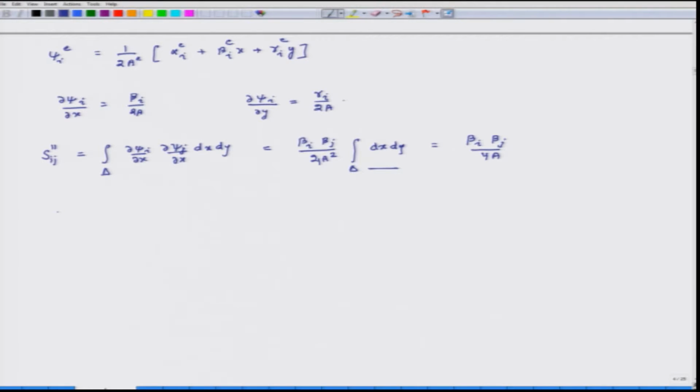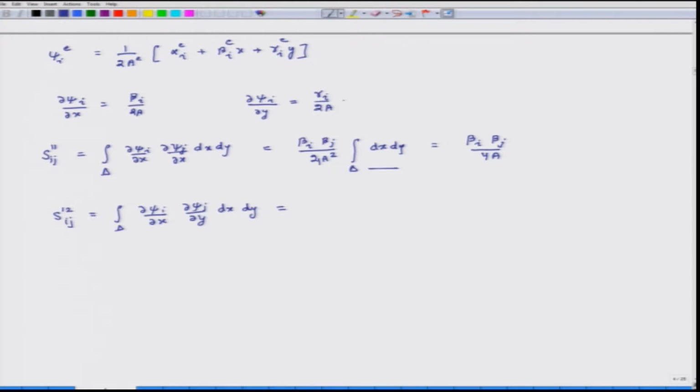Let us look at S12. So, S12 equals the integral of del psi I over del x, and because the second index is 2, it will be del psi j over del y. Okay. 2 corresponds to y, 1 corresponds to x. That is how we figure it out.